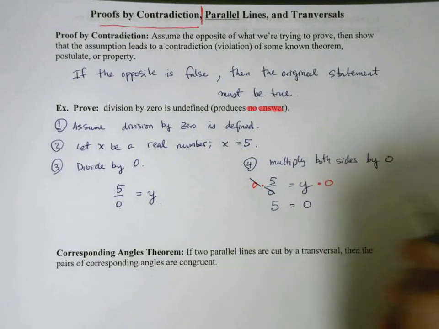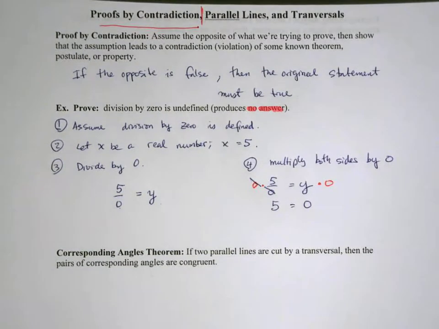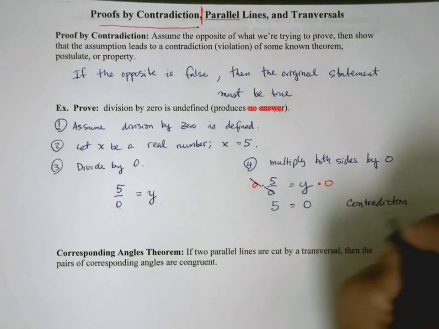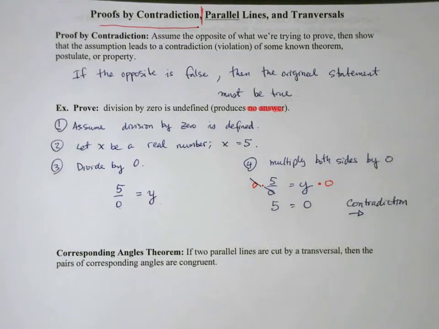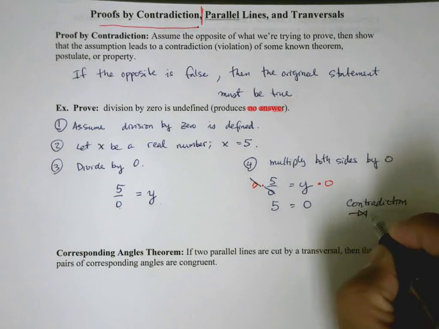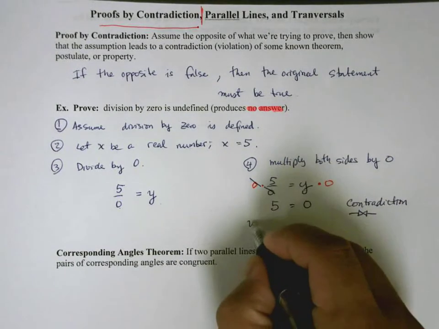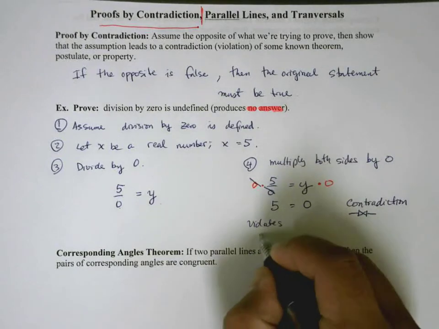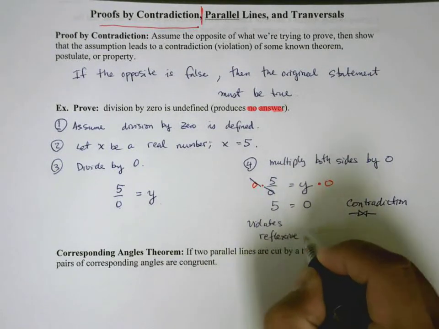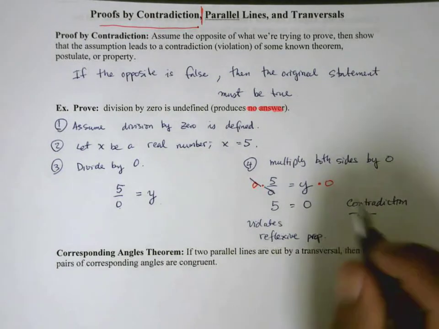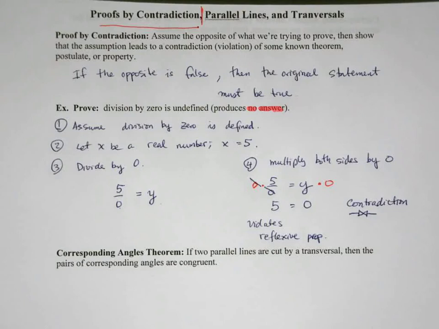So we get 5 equals 0. And now this is a contradiction. Sometimes in math books, you'll see the drawing of two arrows pointing at each other. That's kind of the symbol for contradiction. And this violates the reflexive property, because the reflexive property says that every number is equal to itself, but here we've demonstrated that 5 is not equal to itself, it's actually equal to 0. So there you have it, that is the contradiction.